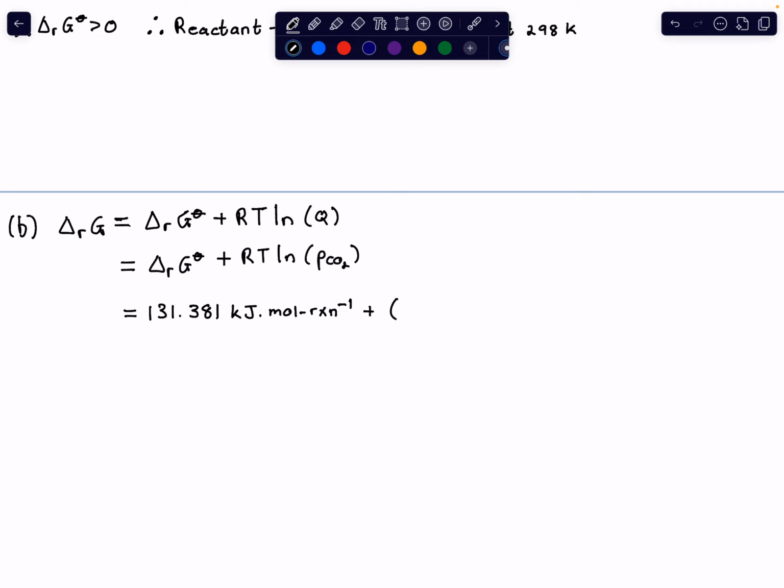And then we must take R. Now R is usually in joule per mole per Kelvin. Because we want to add it to a kilojoule quantity, let's take it to kilojoules. So make it 8.3145 times 10 to the negative 3 kilojoule per mole per Kelvin.